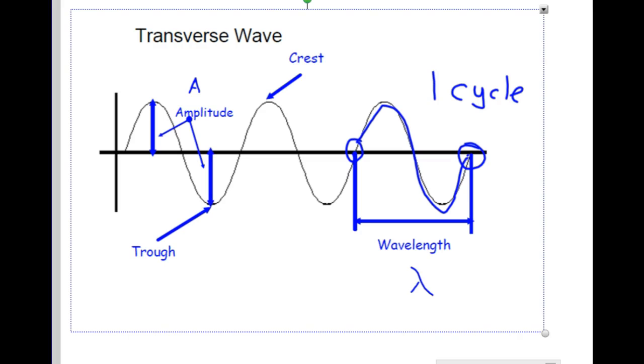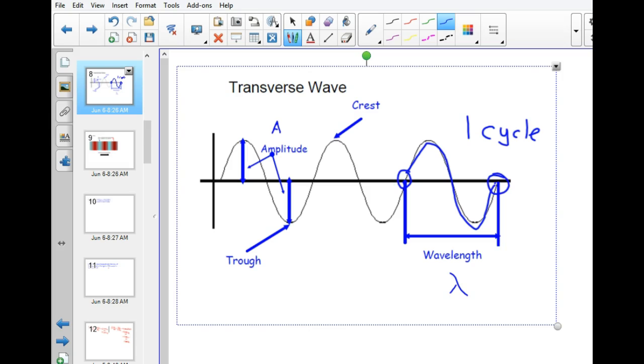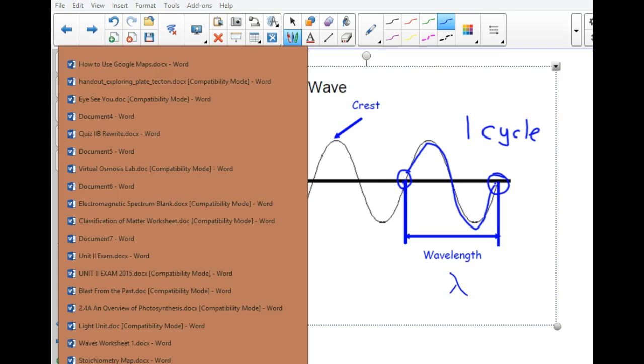What we're going to do is apply some of the things that we learned about frequency and period to waves. So instead of just thinking two-dimensionally, now we're going to think three-dimensionally. In question number 6, you have a couple of different wavelengths.